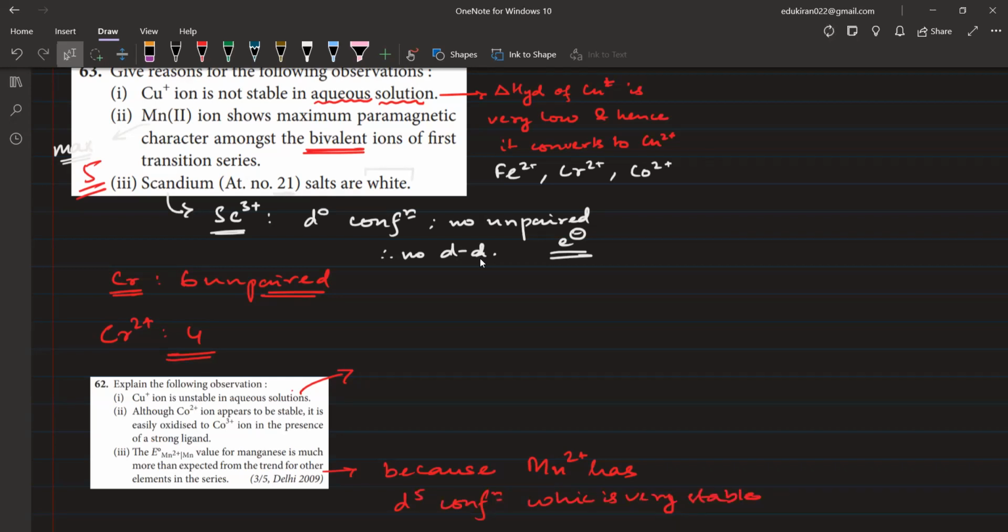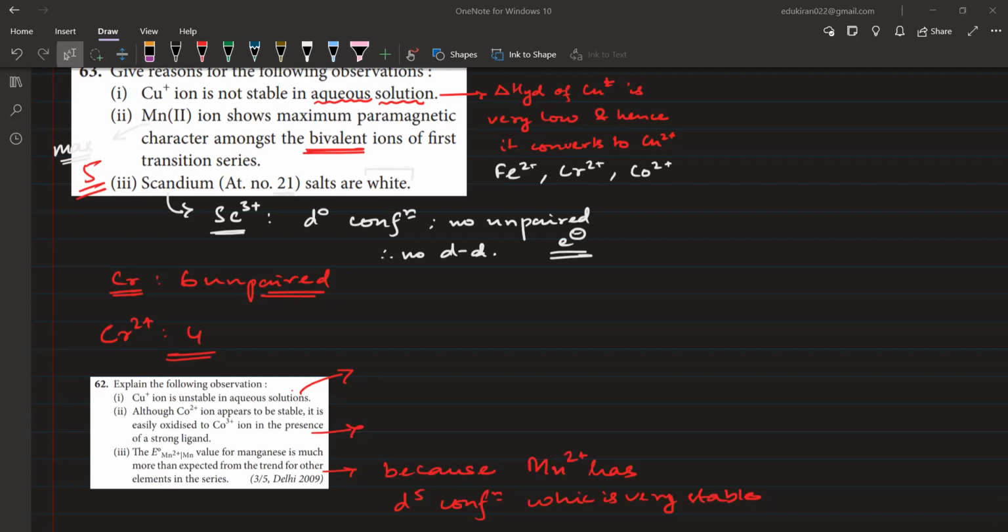Okay, now although Co2+ ion appears to be stable, it is easily oxidized to Co3+ in the presence of a strong ligand. So whenever you are getting this type of question, your mind should work towards the electronic configuration.